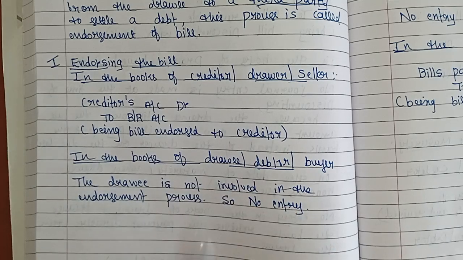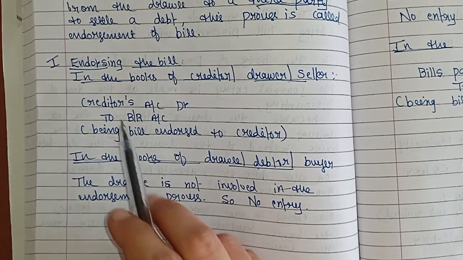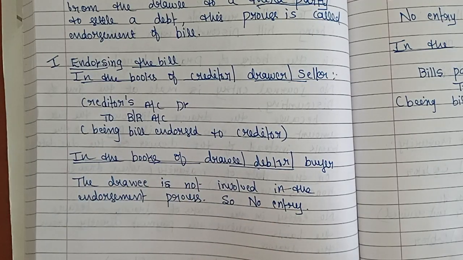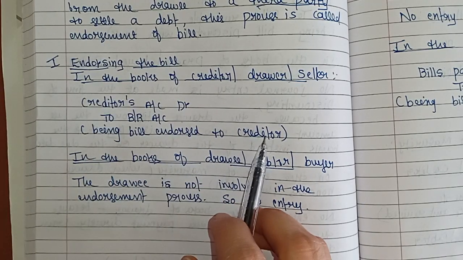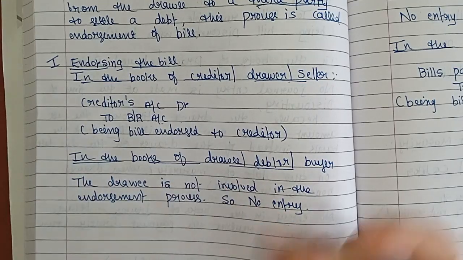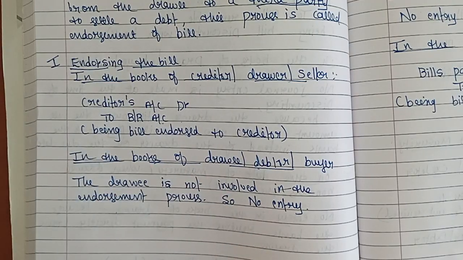Now first case is endorsing the bill. So in the books of drawer or creditor or seller, what is the journal entry? Creditor's account debit to bills receivable account, being bill endorsed to creditor. Creditor means the receiver, right? So creditor's account debit to bills receivable account.